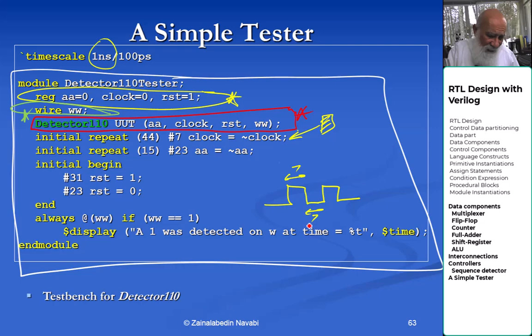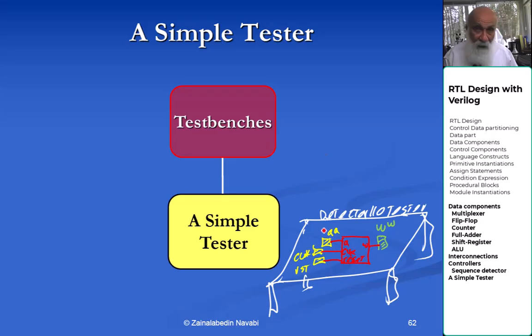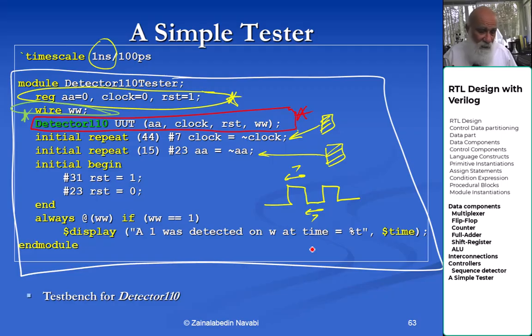For my AA, I'm generating, that's another box there. Let's go back here and look at this. This is the AA box. For the AA box, I'm generating another periodic clock, but this time instead of a period of 14, it has a period of 46, and then that complements again.